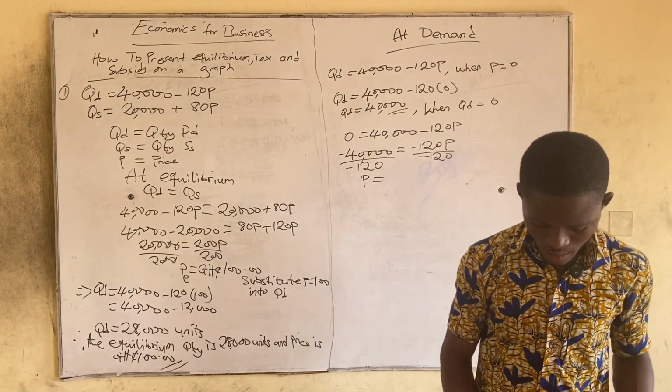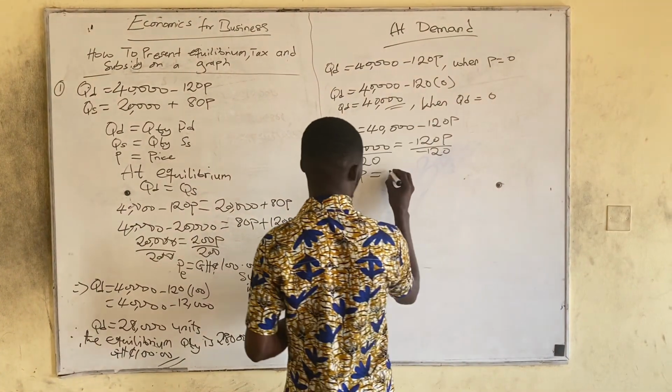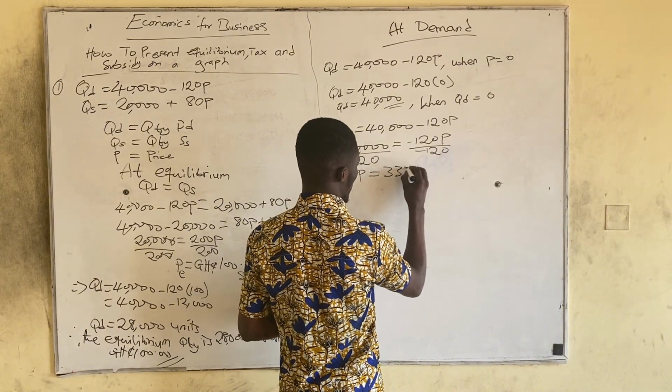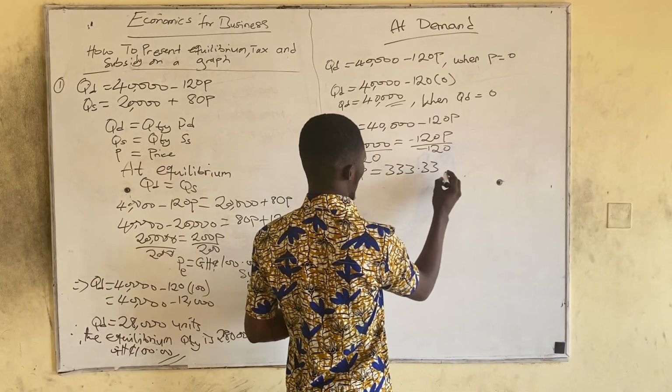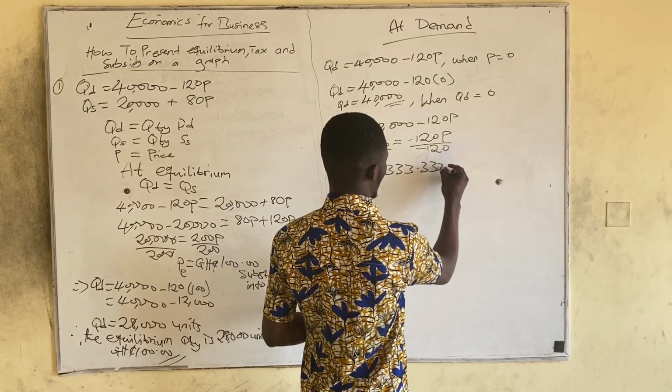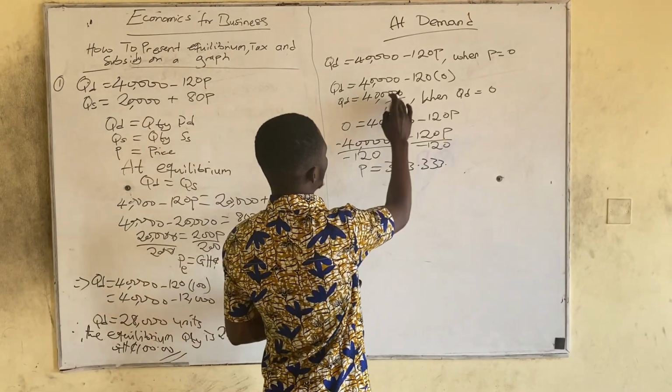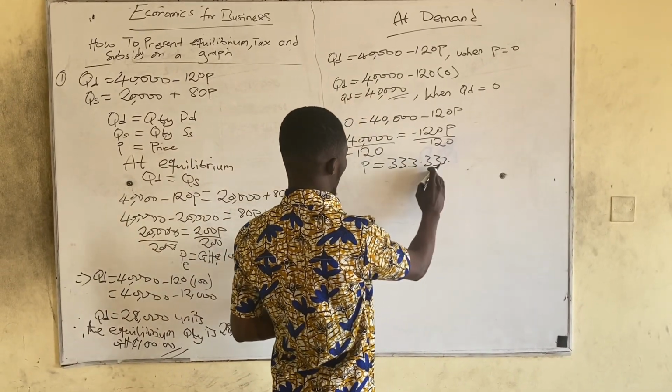We will get the price to be 333.33. Okay, like this. So we have our quantity demand and then the price.